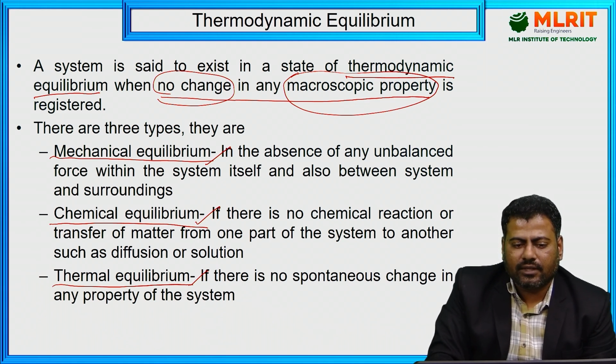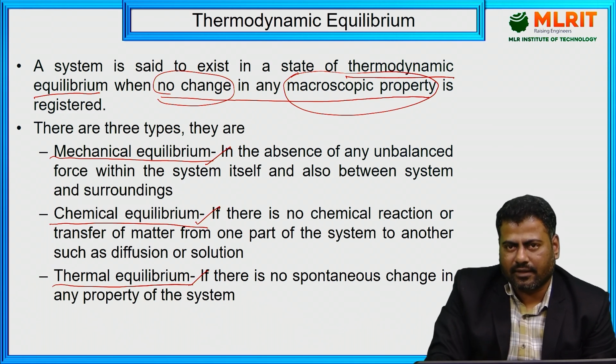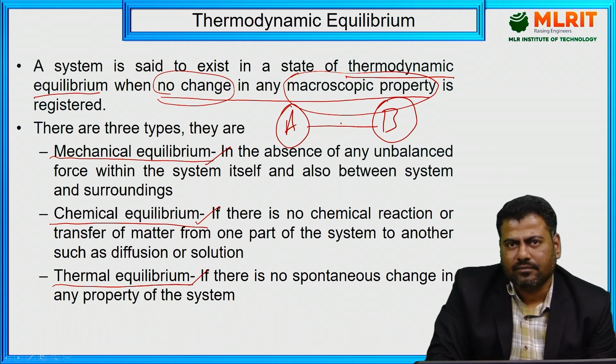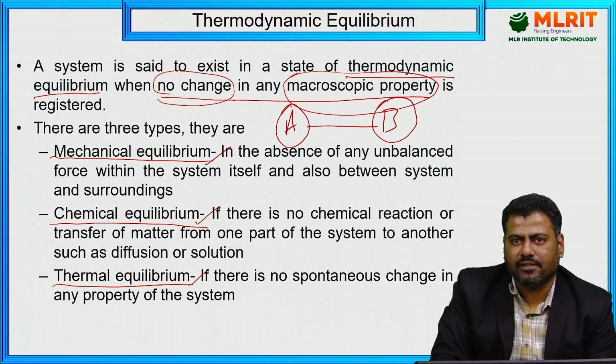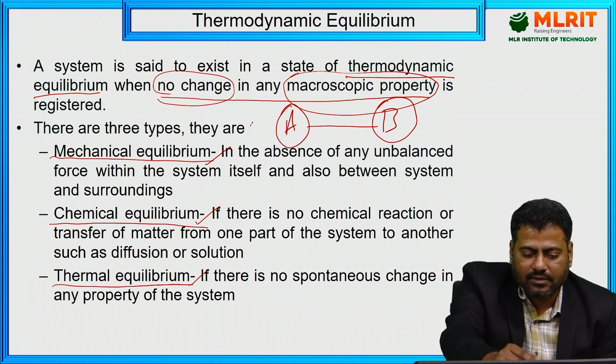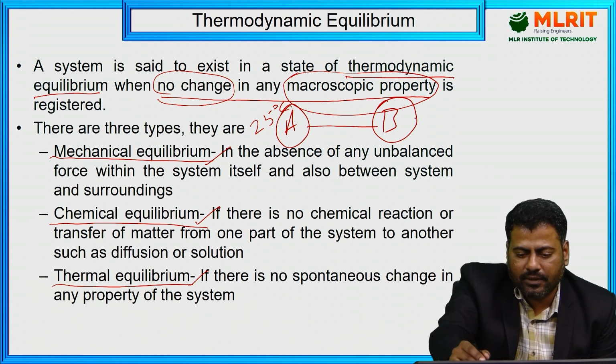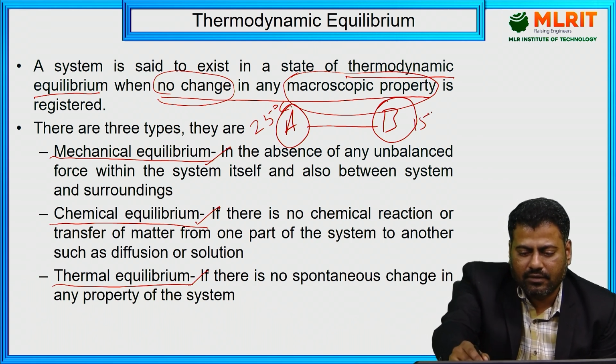Now consider system A and system B, which are interconnected, so energy transfer can take place between system A and system B. The macroscopic property I consider here is the temperature. The temperature is 25 degrees Celsius for system A, and for system B we consider 15 degrees Celsius.